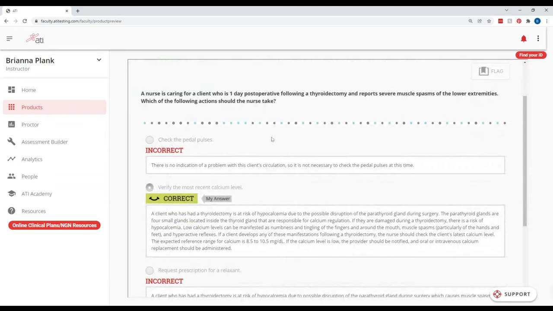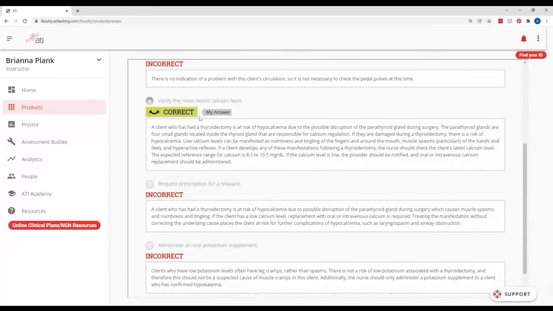So we could check the fetal pulses, but what this is triggering is that thyroid and calcium kind of play in together, right? And calcium and muscle spasms are also connected when our calcium is too low. So it wanted you to recognize that we had a thyroid surgery, which is connected to calcium, and muscle spasms are related to hypocalcemia.